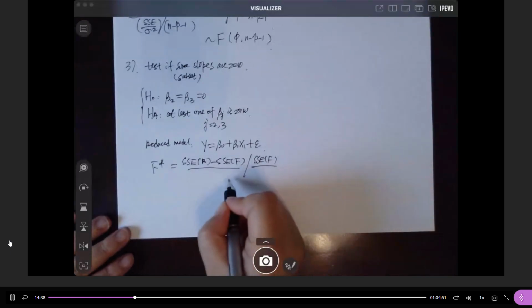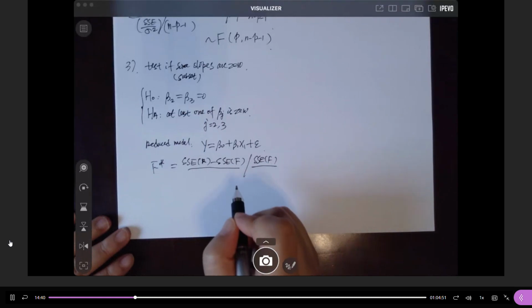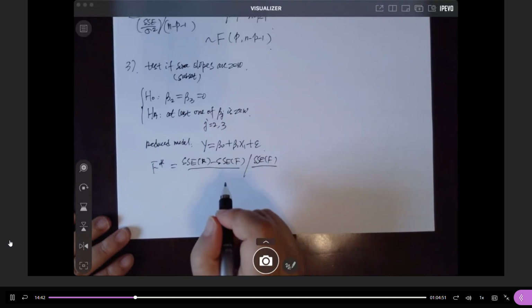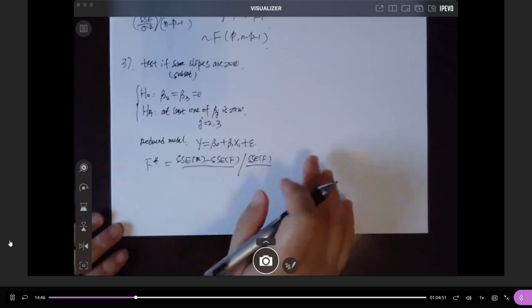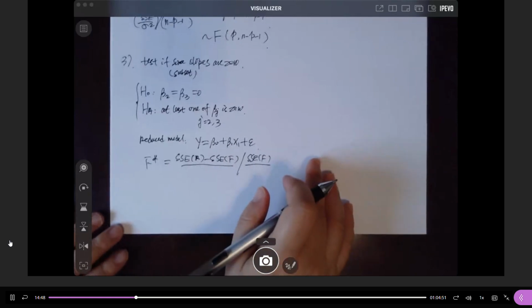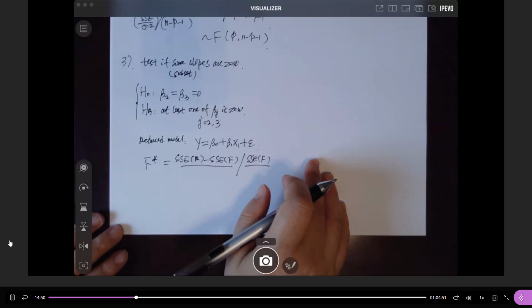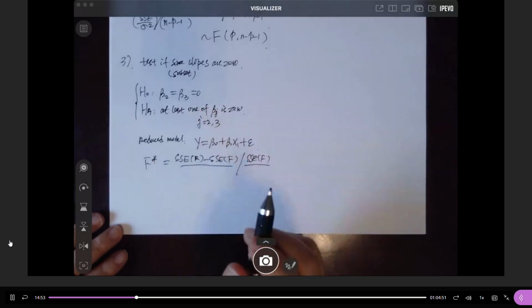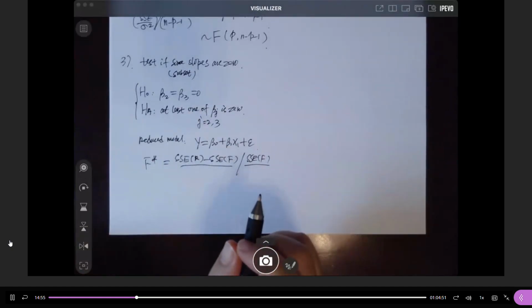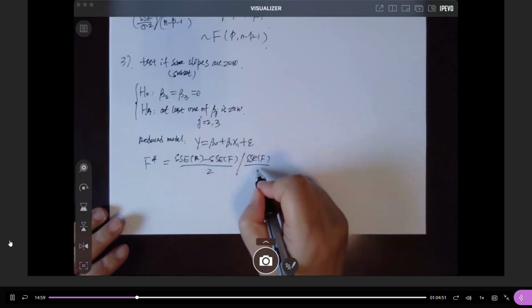What do you want to fill in here and here? Give me a specific number. We are testing beta 2 and beta 3 here. Yes, that's 2.